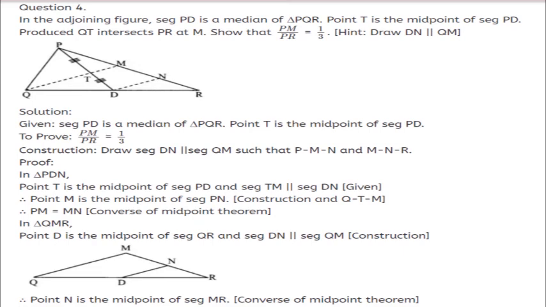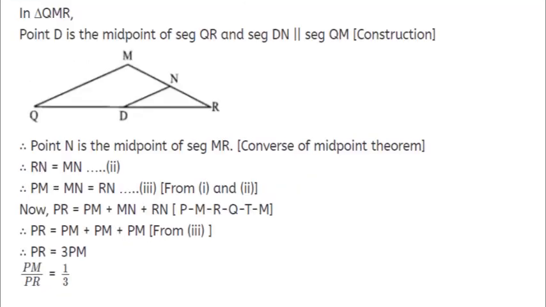Because you have one midpoint D and segment DN is parallel to segment QM according to the construction. So if there is one midpoint and parallelism, then you can apply the converse of midpoint theorem. So you get the other midpoint. What is the other midpoint? N, the midpoint of segment MR, because of the converse of midpoint theorem.